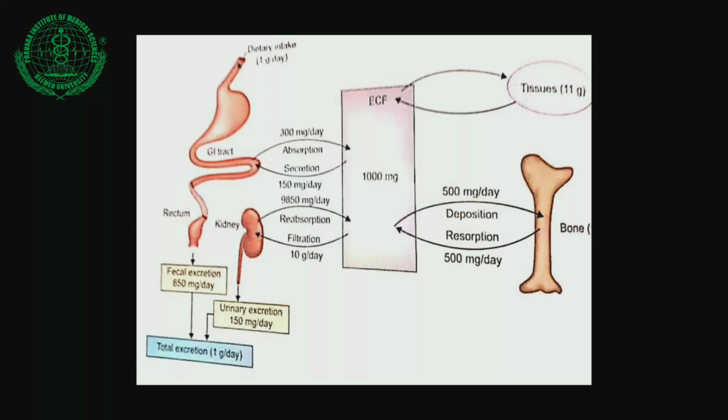The intracellular free calcium is about 0.2 milligrams; 9 grams is present in the bone form and storage sites such as mitochondria, endoplasmic reticulum. 99% calcium is present in the bones and teeth. The total body content, as already shown, is 1200 grams. In bones and teeth it is maximum, that is 99%. Intracellular fluid it is 0.9%. Extracellular fluid it is 0.1%.